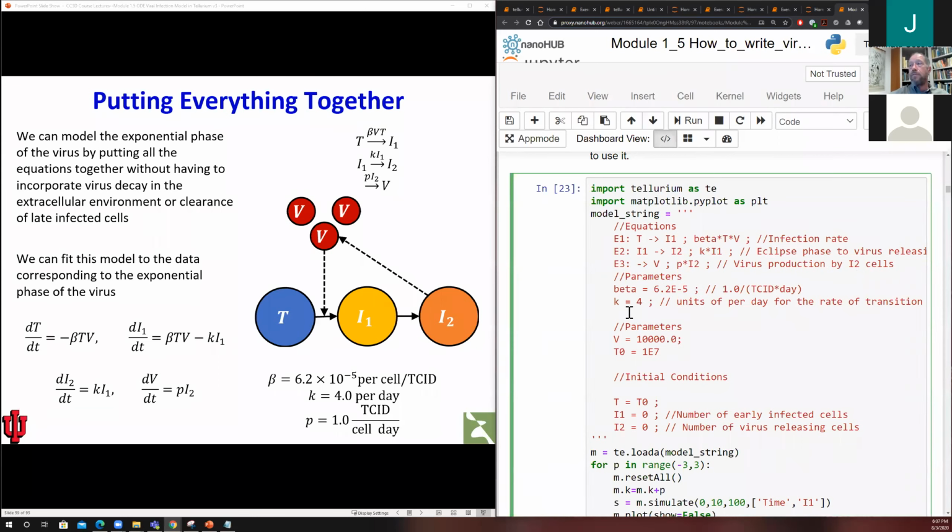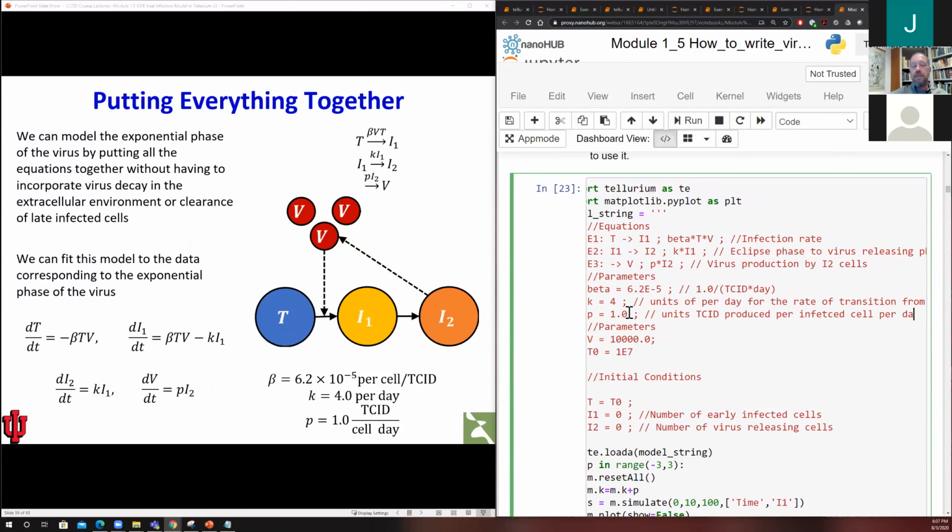We have to give a parameter value for P. We set it equal to 1. That's what PCID is produced per infected cell per day.